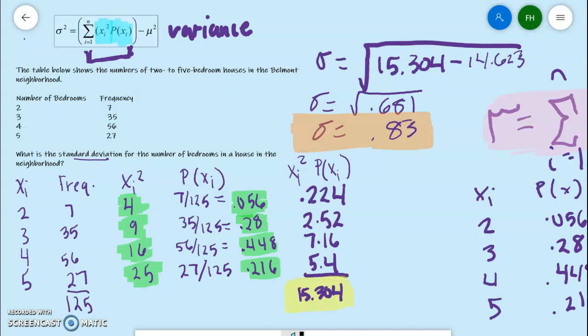First, you have to get the probability. It's just the frequency for that particular row divided by the total sample size.